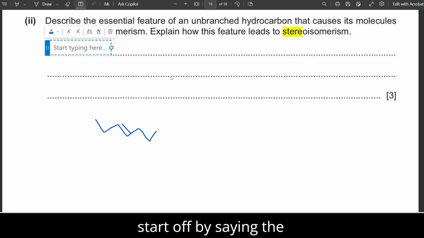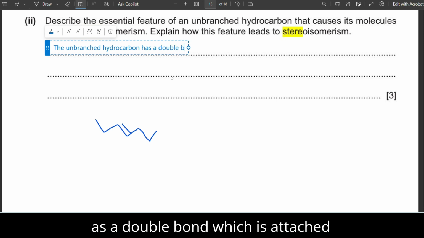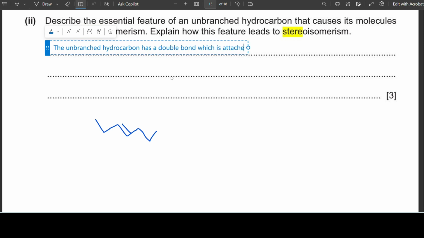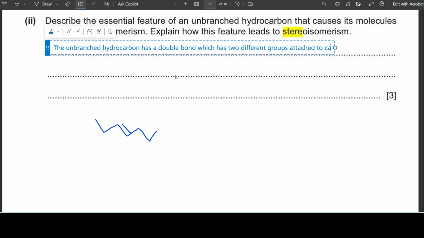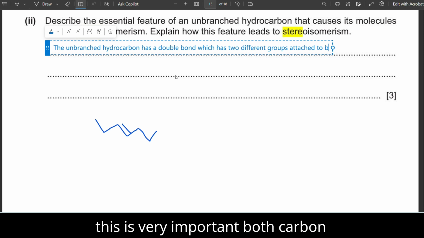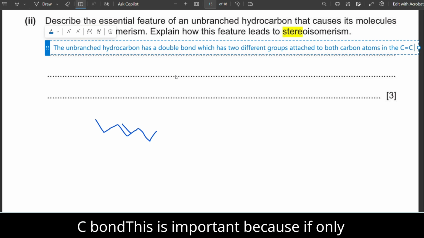So basically you start off by saying the unbranched hydrocarbon has a double bond which is attached to different groups attached to, this is very important, both carbon atoms in the C double bond C bond.